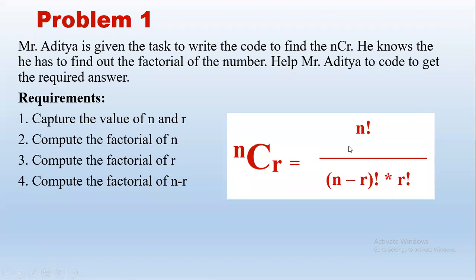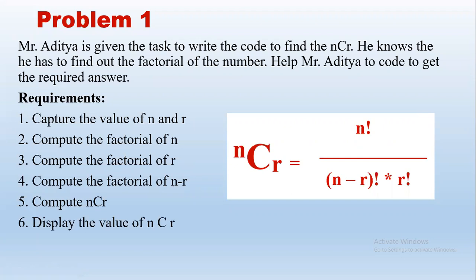According to the formula, you can find n minus r factorial first and then r factorial. So basically find all 3 factorials, substitute in the formula to compute NCR, and once we compute, we have to display that value. I hope the problem statement is clear. So we know the formula for NCR is n factorial by n minus r factorial into r factorial.